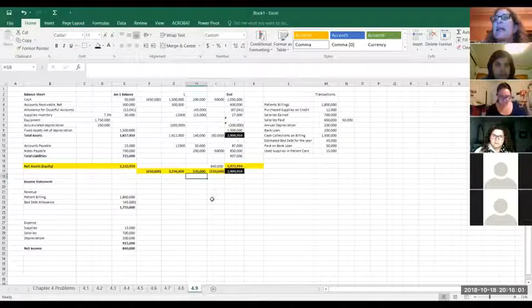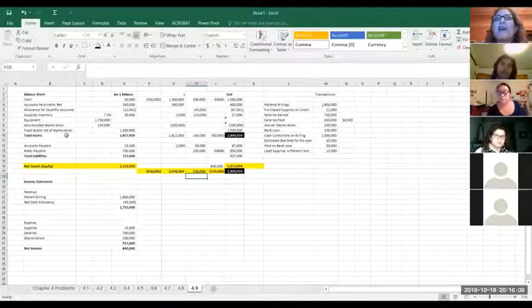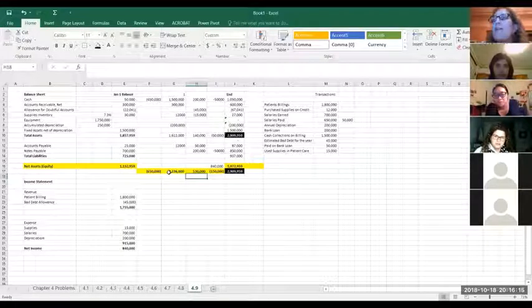And I can set up a little model for you with some little test questions, but I think being around this kind of thing where you have transactions and you have to plug them in and see what the changes in your income statement and your balance sheet are, that's going to be really helpful if you do that a few times, okay?